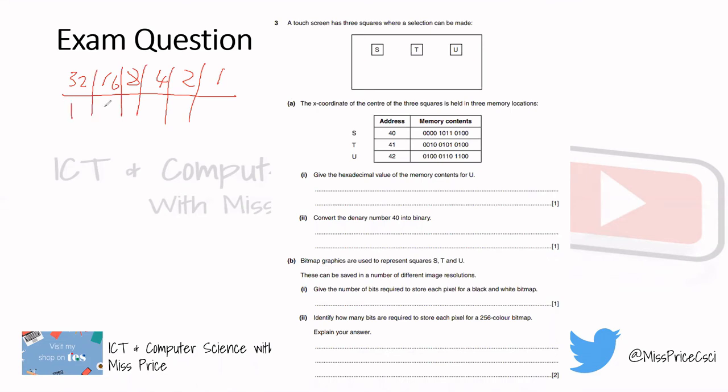We know that's going to be too much. 32 add 8 is 40. So we know this is 0, 0, 1. I hate this graphics tablet. I need to do something about this. There we go. 1 mark. Okay, done.